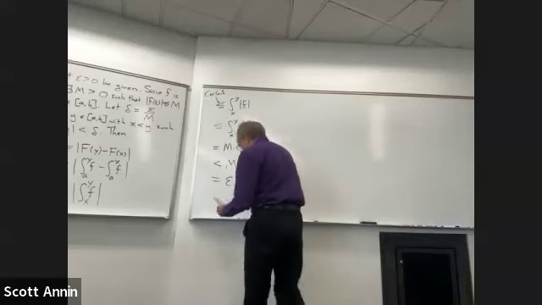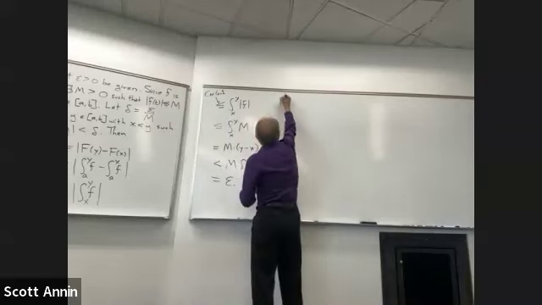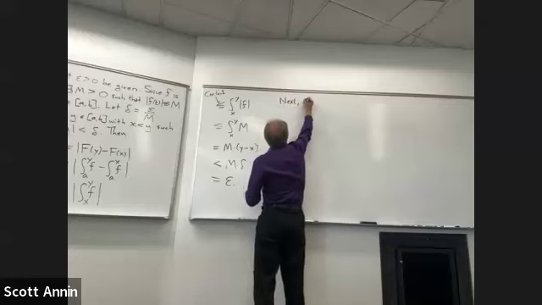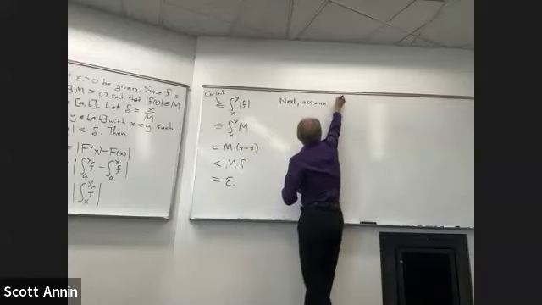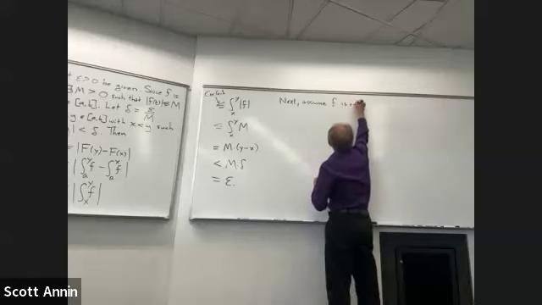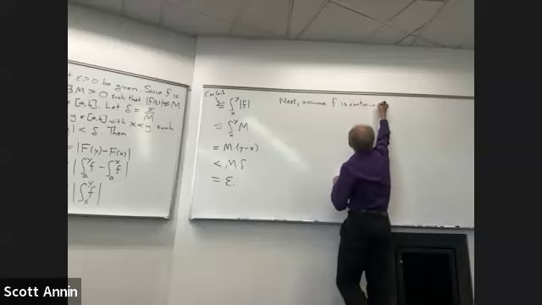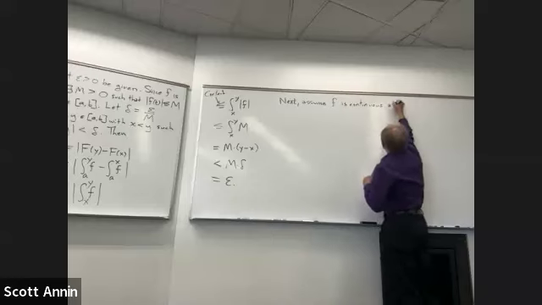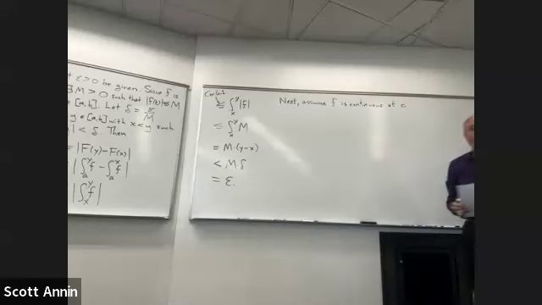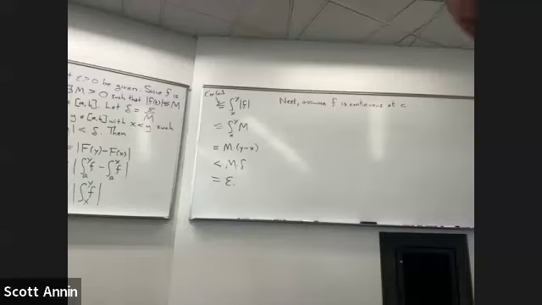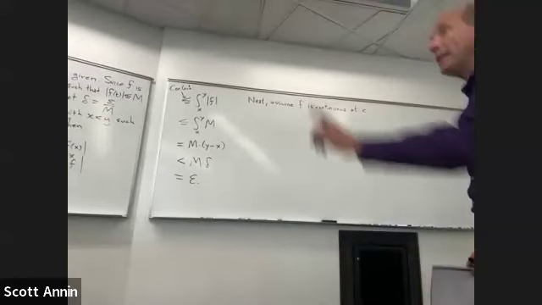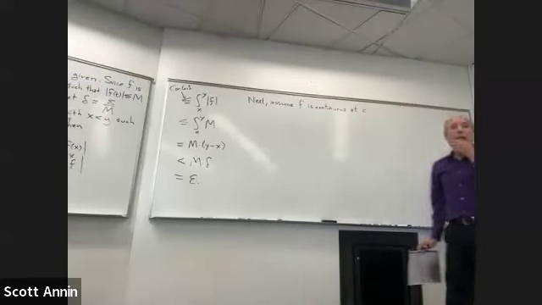Okay, so for the second part, next, let's assume that little f is continuous at some point little c. That's the assumption, as you can see in the statement here, right?